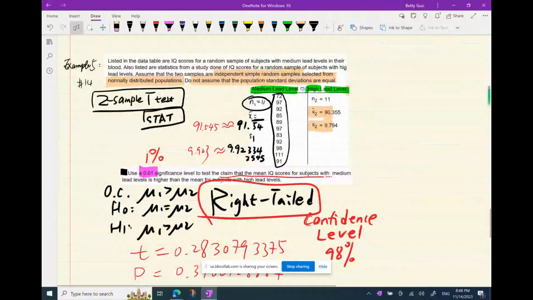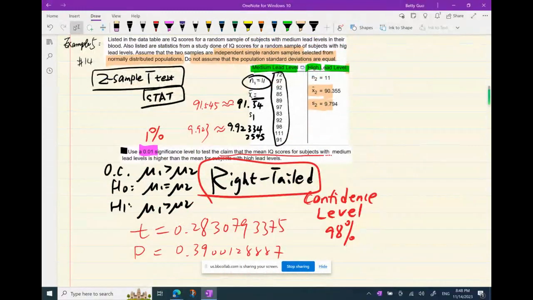Everybody, is that clear about the confidence level? Please let me know. Otherwise, I feel very guilty, since you messed up this part. Confidence level 98%. Why? The significance level is 1%. Why do we use 100% minus twice 1% to get a confidence level?